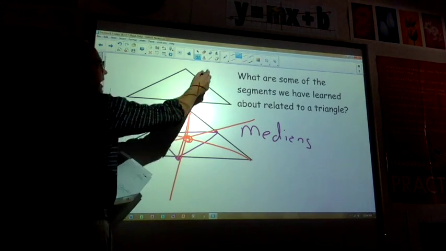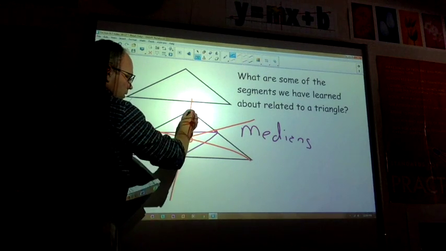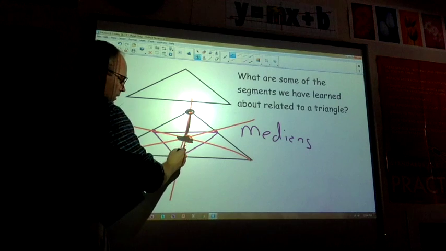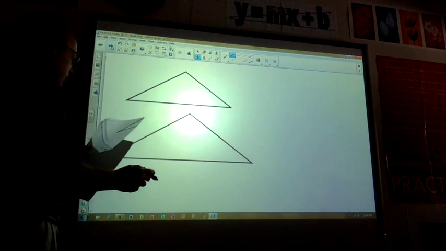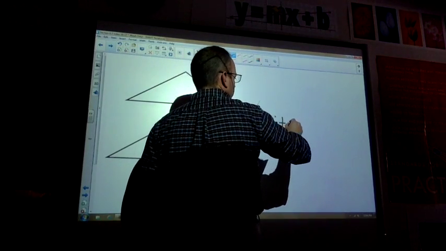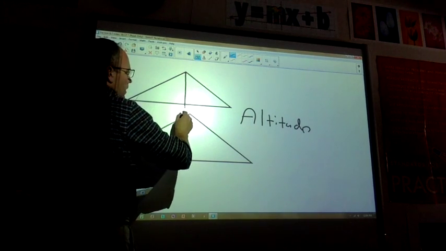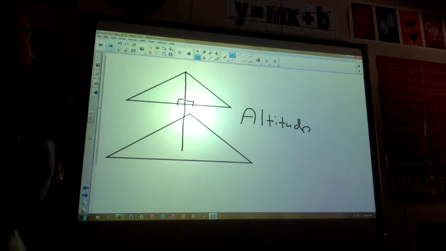There was a certain relationship that you knew from here to here, and from here to here. And then you also had one about the altitudes. What's the altitude? The height of the triangle. So remember the height forms a 90. Does the altitude cut the angle in half?